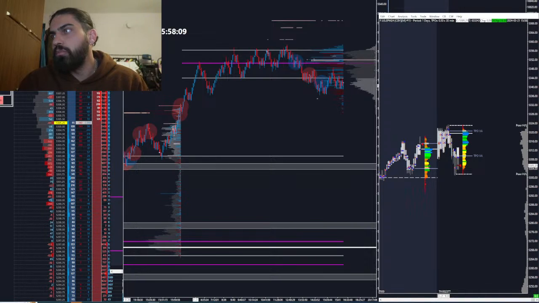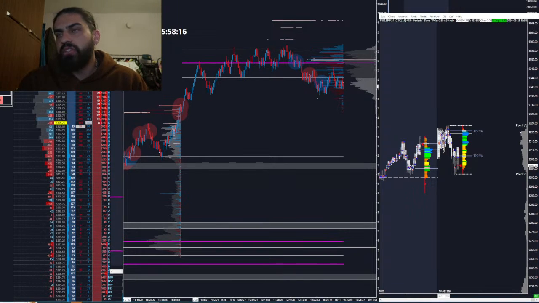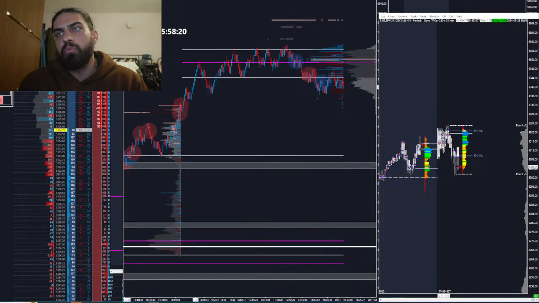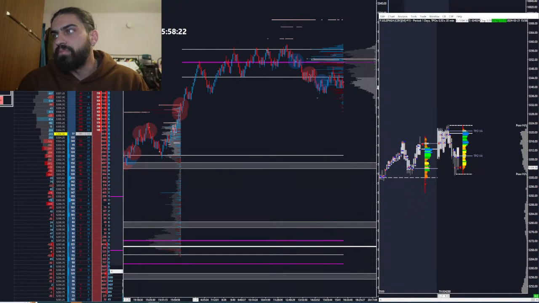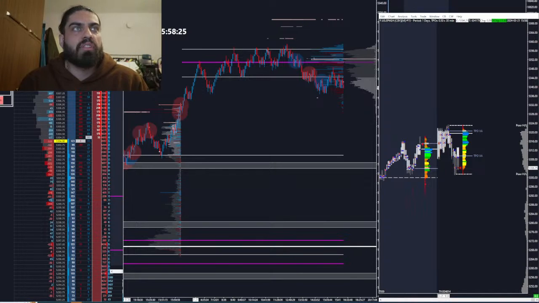Do you need an initial move out of an area to confirm absorption, or do you trade the extremes right away? When I see absorption, I'm not necessarily waiting for the exaggerated move from that area. Let's say you see a bunch of people selling constantly.